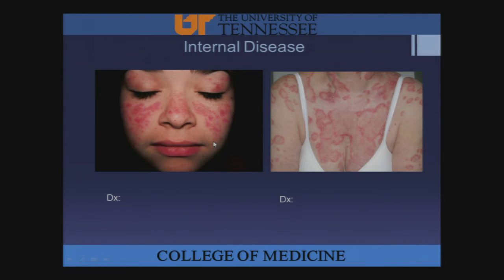This is your butterfly malar rash. What type of lupus do you get this in? Acute cutaneous lupus. What type of lupus do you get this in? It's not acute, so this is then subacute cutaneous.